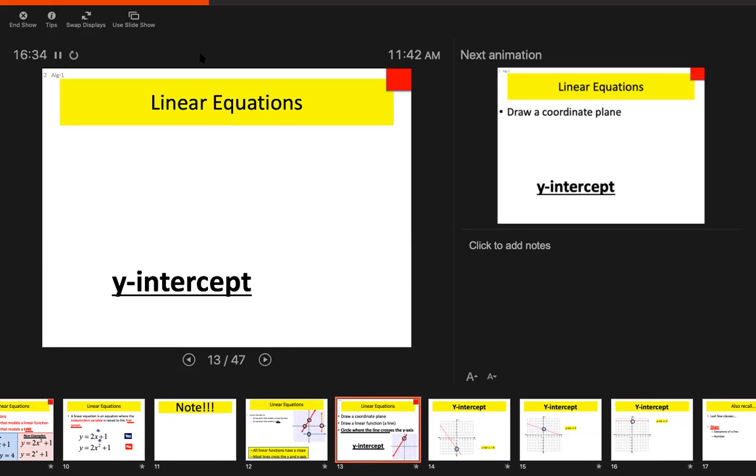However, all other lines, horizontal and normal lines, cross the y-axis. So all lines, with the exception of vertical lines, have what is called a y-intercept. I'm just saying, where does the line cross? So in the box, give me the big plus. That's the x and the y.